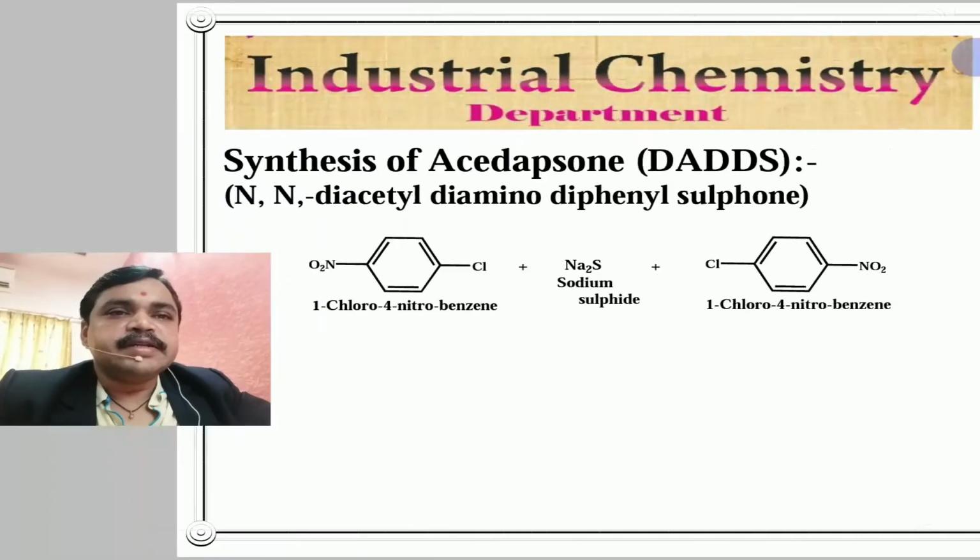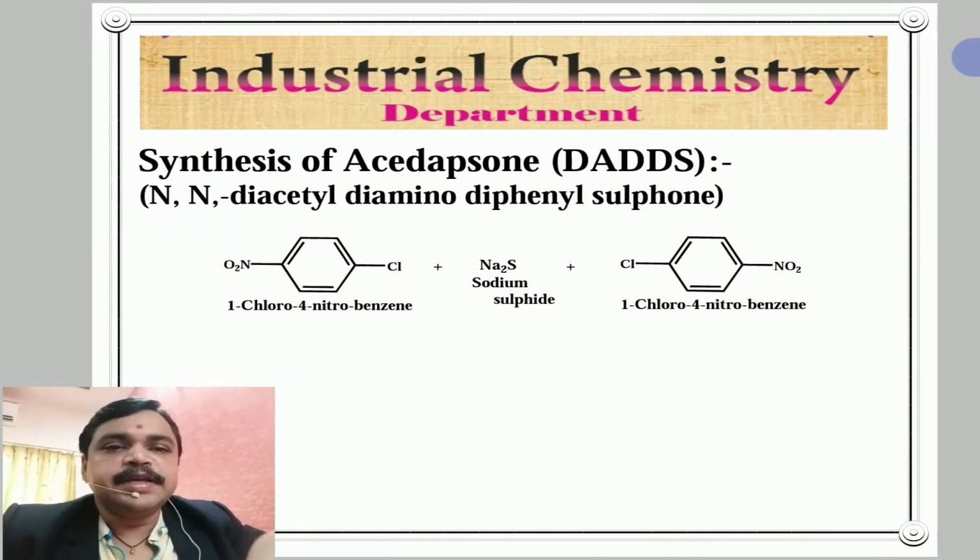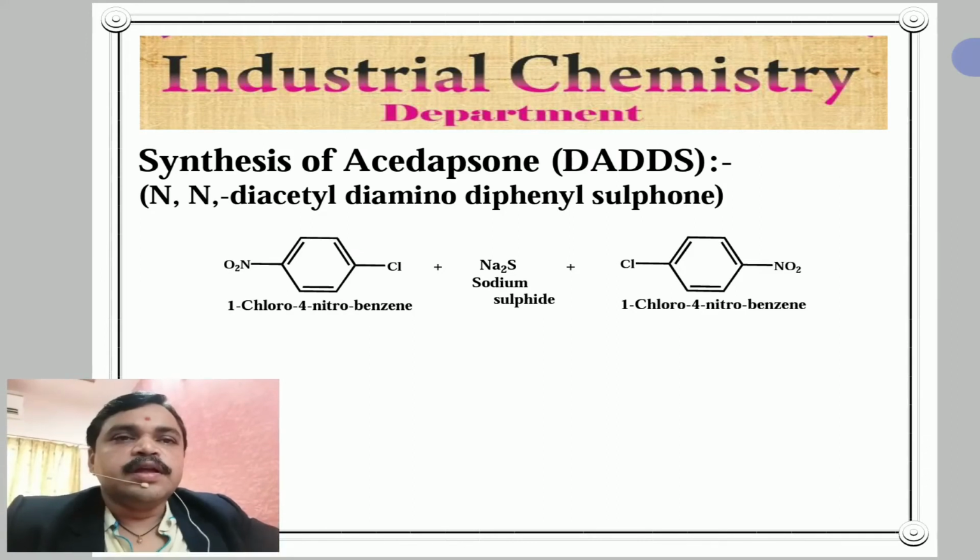Now, in this group, the last compound is acedapsone and its short name DADDS. DDS is from Dapsone and here it is also the diacetyl derivative of Dapsone. So acedapsone is also known as DADDS and its chemical name is N,N'-diacetyl diamino diphenyl sulfone.